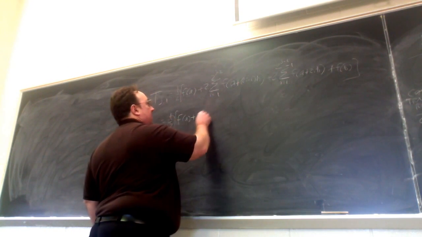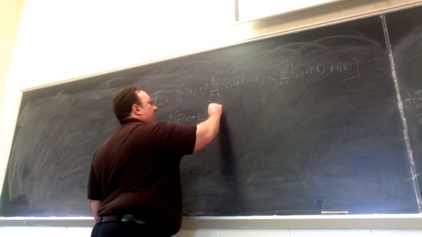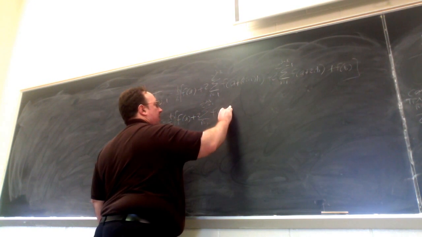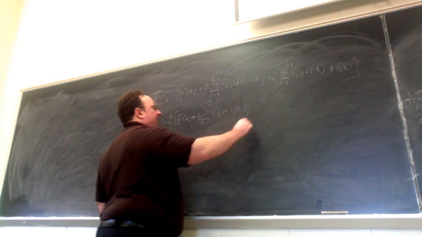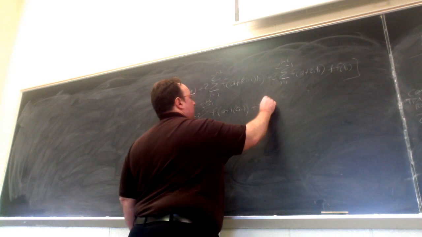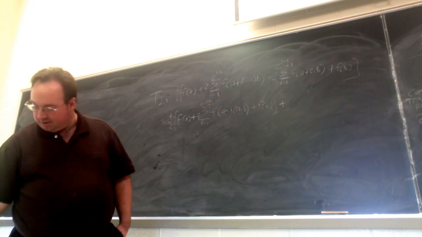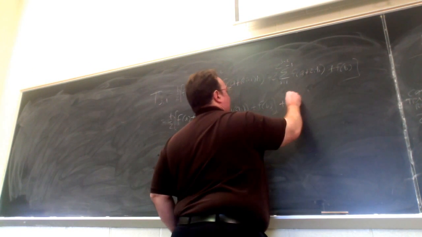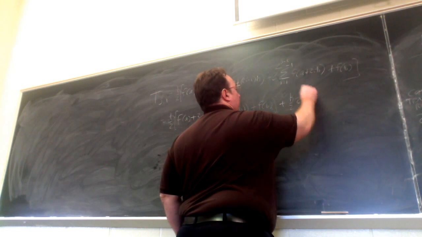So that would be the sum over i equals 1 to 2 to the j minus 2 minus 1, and we're going to write it as f of a plus i times 2h plus f of b. And then I have this other sum. So I have h over 2, and then I have 2 times the sum over all the odd numbered points.